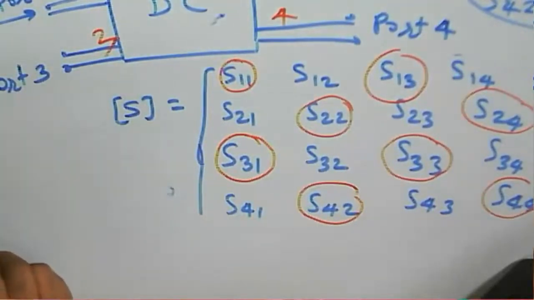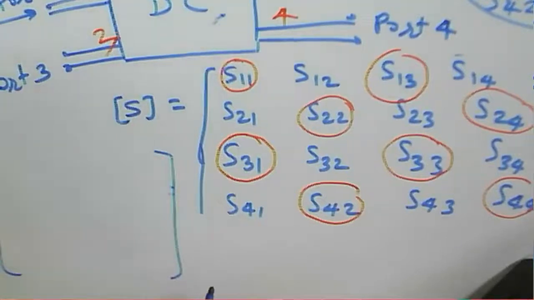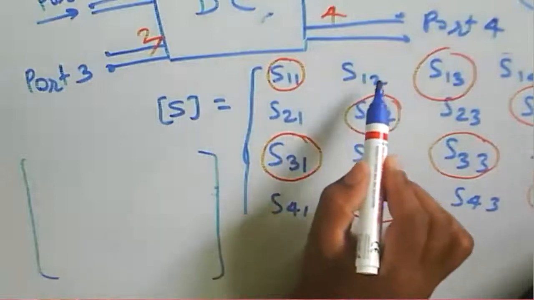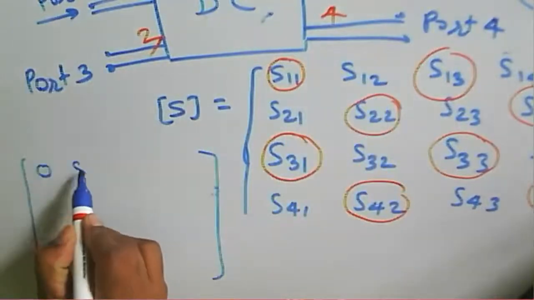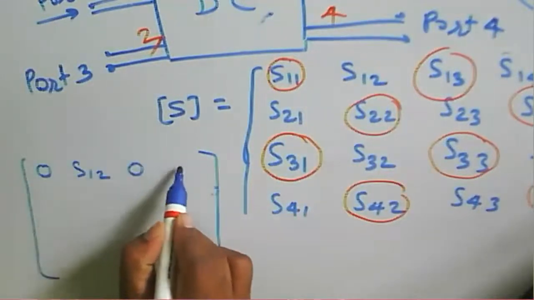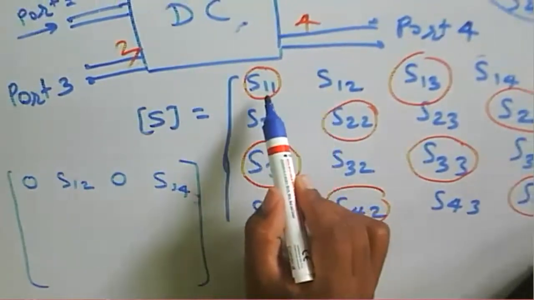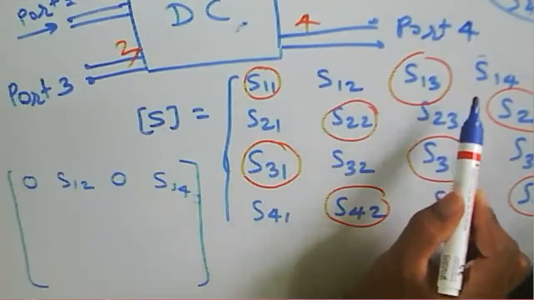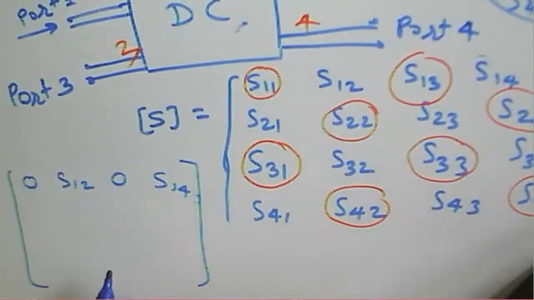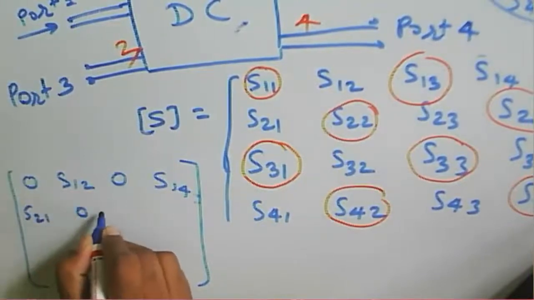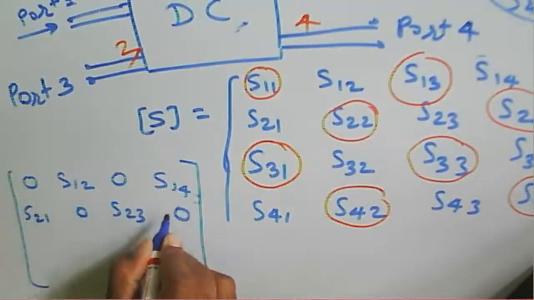I'll write the S matrix again. In that case, the first row is S11, 0, S12, 0. Next, S21, 0, S23, 0.